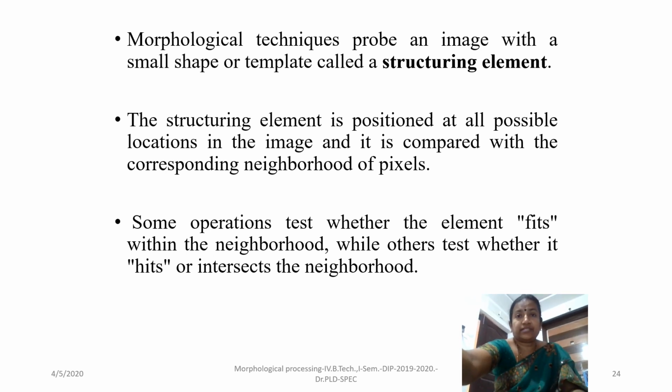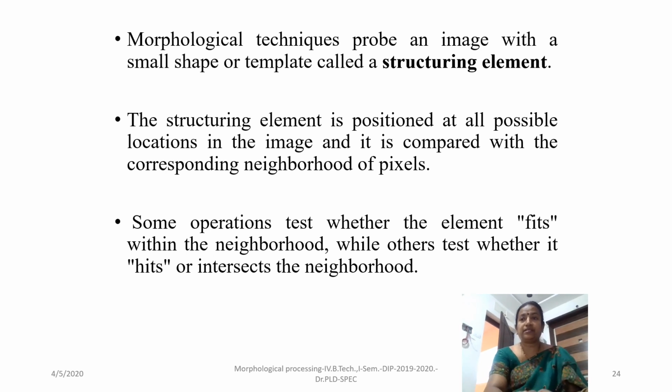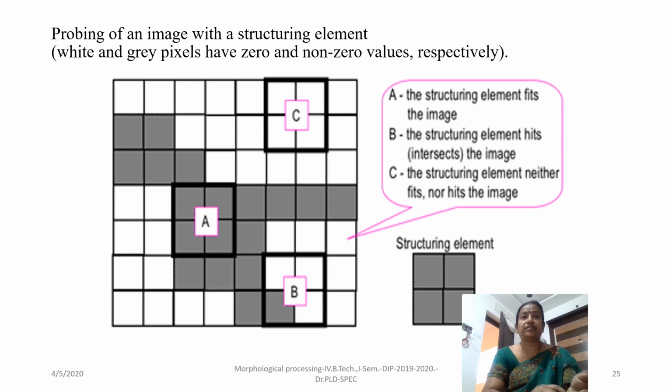Some operations test whether the element fits within the neighborhood, while others test whether it hits or intersects the neighborhood. Fit or hit, with examples we will be in a position to understand these operations.